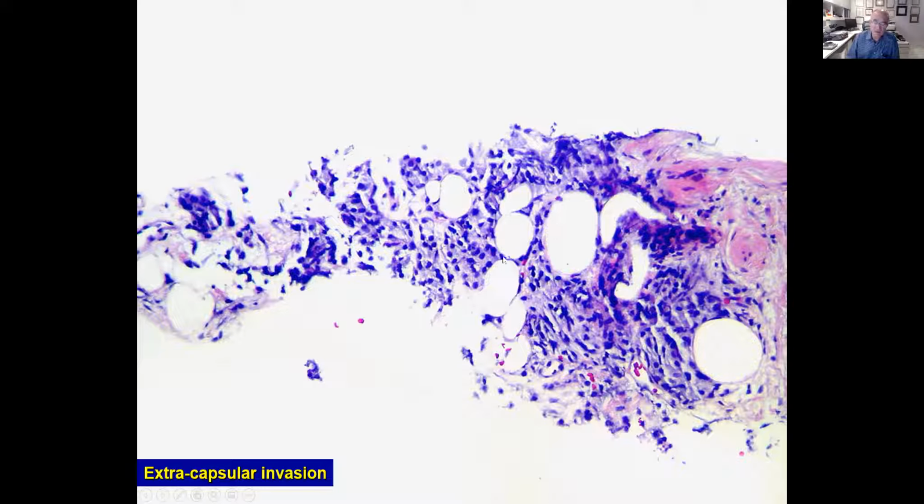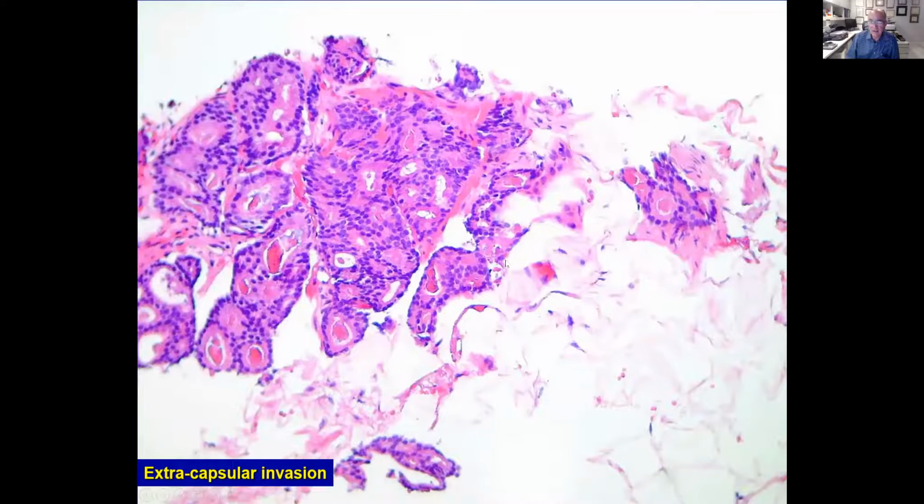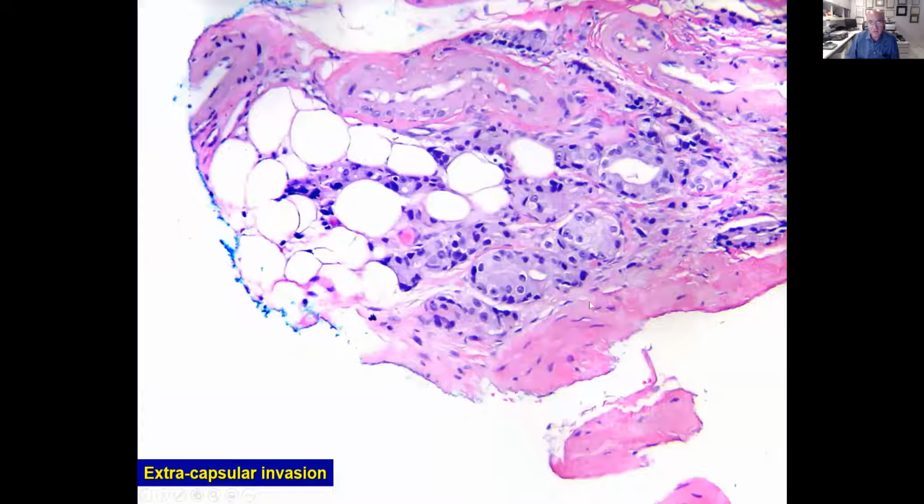But in my experience, I've never seen fat inside the prostate. So if you find a needle core biopsy that has cancer in the fat, you need to say at least that it is consistent with extraprostatic extension, as you can see here in these examples.